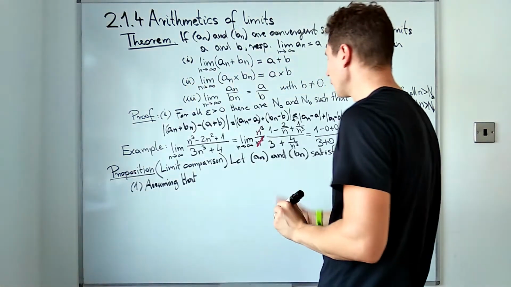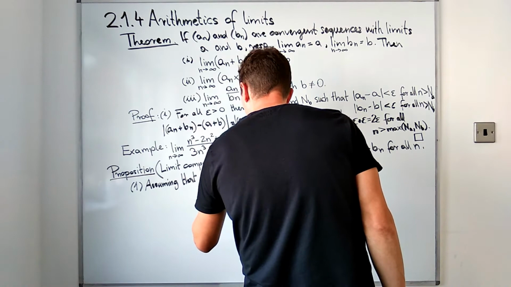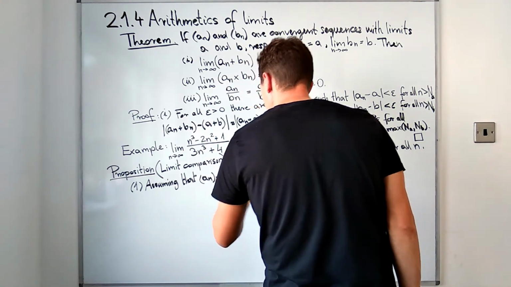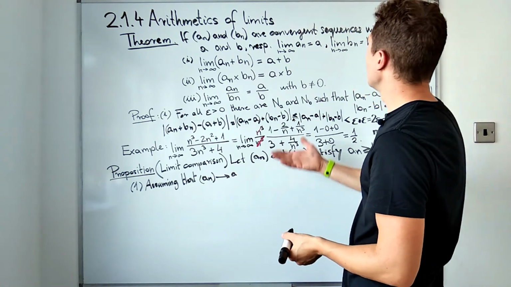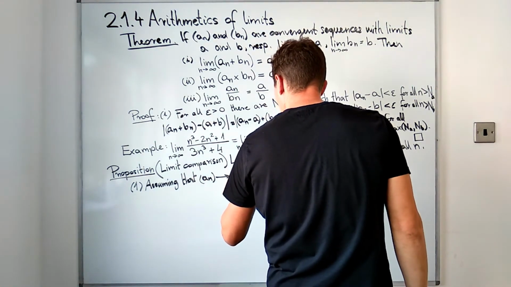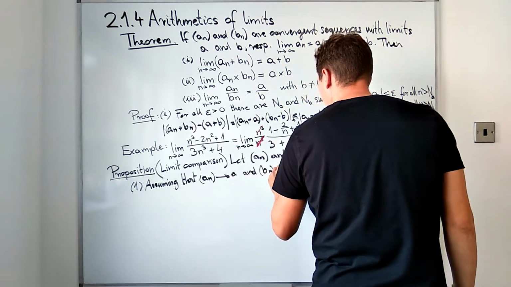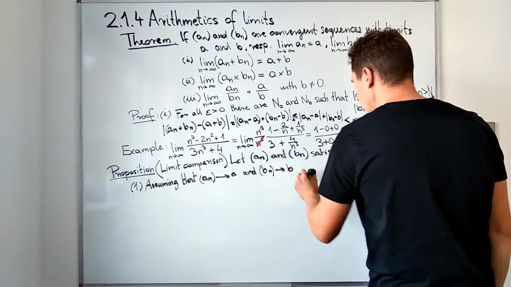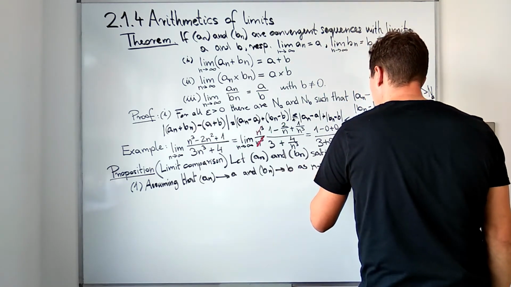they are both convergent, and an converges to the limit A. This is another way of writing that the limit of an is A as n tends to infinity, and the limit of the sequence bn is B as n tends to infinity.